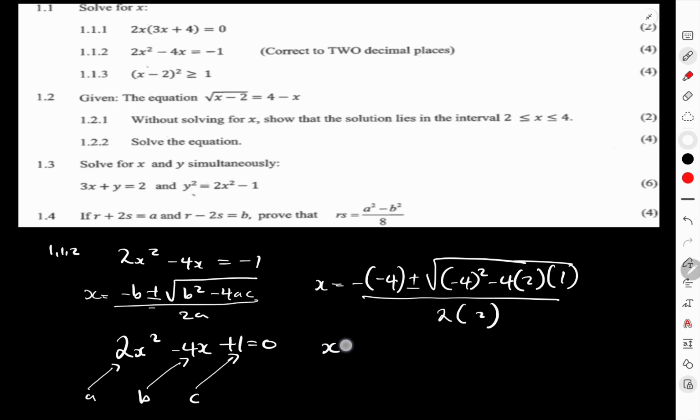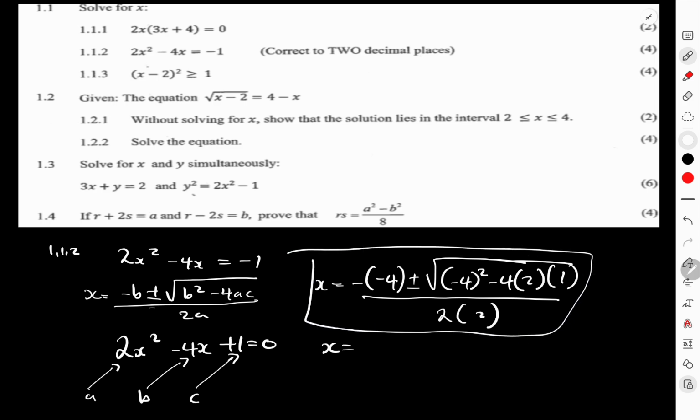Now at this point we are going to have x equal to, no need to stress yourself, just plug everything into a calculator. You're going to start with the sign being positive, then you start with the sign being negative, because you cannot put plus or minus at the same time.